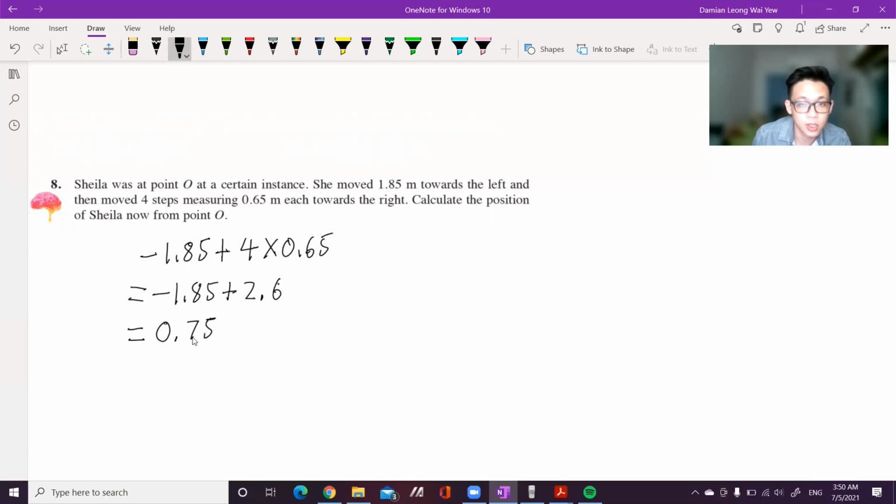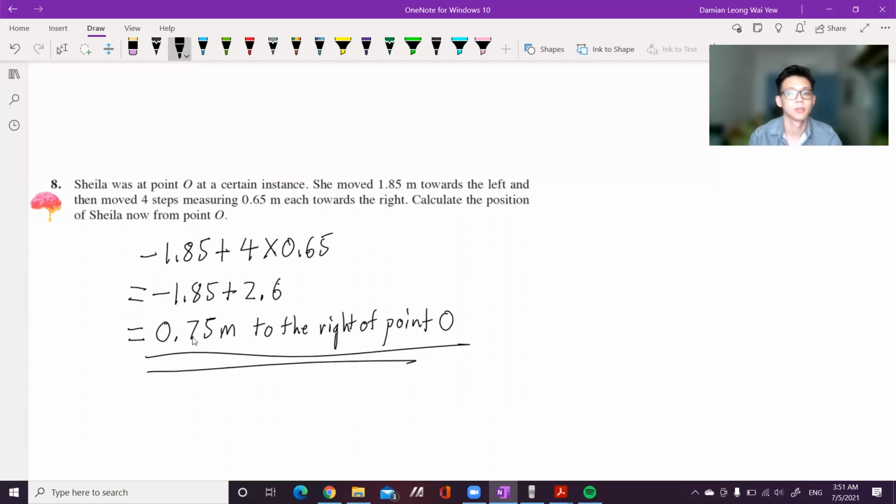So she is 0.75 meters to the right of point O. That's what it means. That is for question 8.